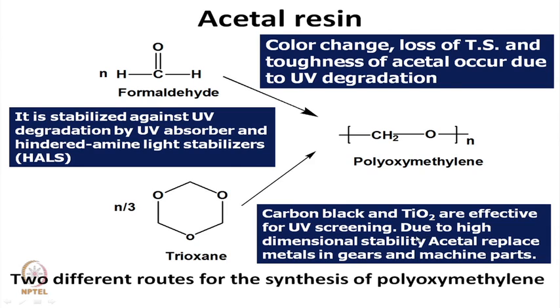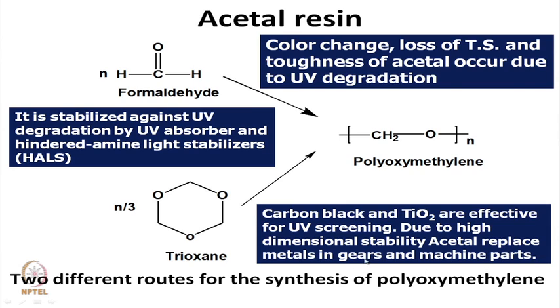If protection from UV can be done, then it is an excellent polymer, because it shows very high dimensional stability, although there is no aromatic linkage present. Its tensile strength, modulus and impact resistance are so high that such acetal resin, when filled with carbon black and titanium dioxide, can sometimes replace metals in gears.